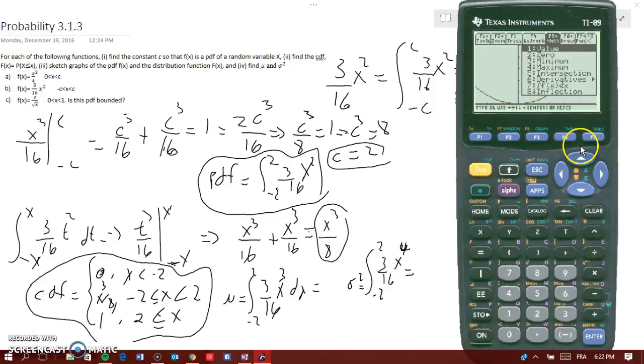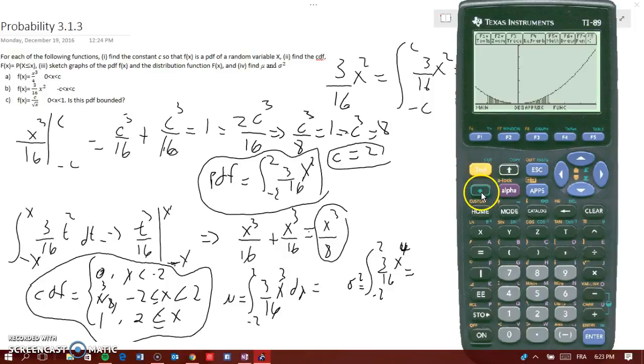We click on F5, table, and click on number 7, and the lower limit is -2, enter. Upper limit is +2, enter, and there is your graph right here. Basically, below -2 there will be a straight line on the x-axis, which is 0, and from 2 it will be a straight line all the way to infinity, which is 1.